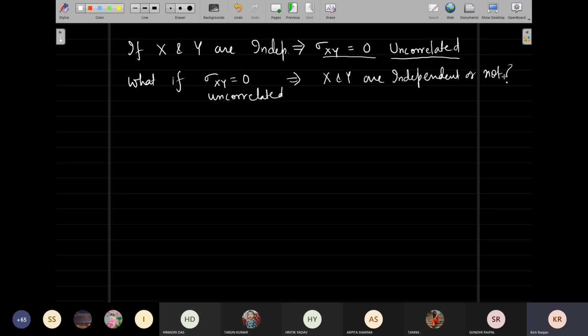So I gave a definition. Remember, when I'm saying that x and y are independent, I am saying that the joint PDF can be written as the product of the marginal PDFs. The next definition is that the covariance equal to 0 is what we call the two random variables being uncorrelated. We have already seen that if x and y are independent, then x and y are also uncorrelated.